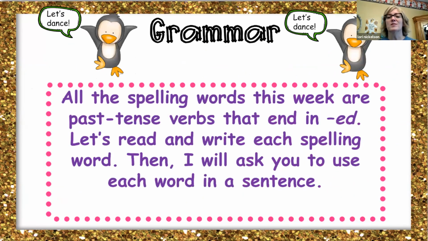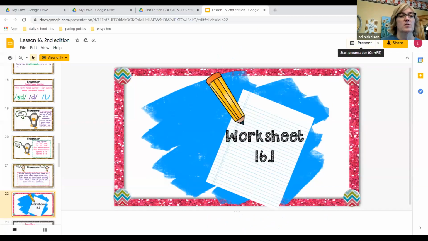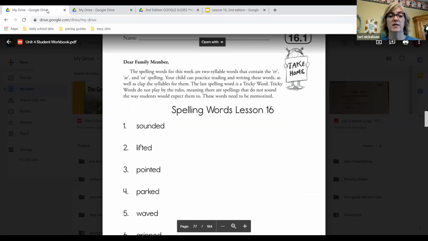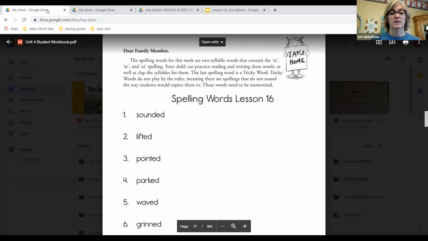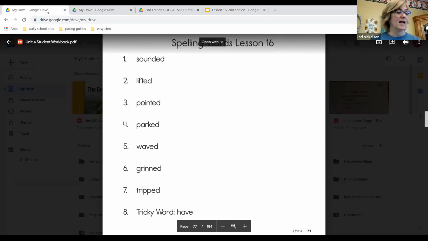So all the spelling words this week are past tense verbs that end in ed. So let's read and write each spelling word, and then I'm going to ask you to use each word in a sentence. So if we look at our 16.1, these are our spelling words: sounded, lifted, pointed, parked, waved, grinned, tripped, and tricky word, have.